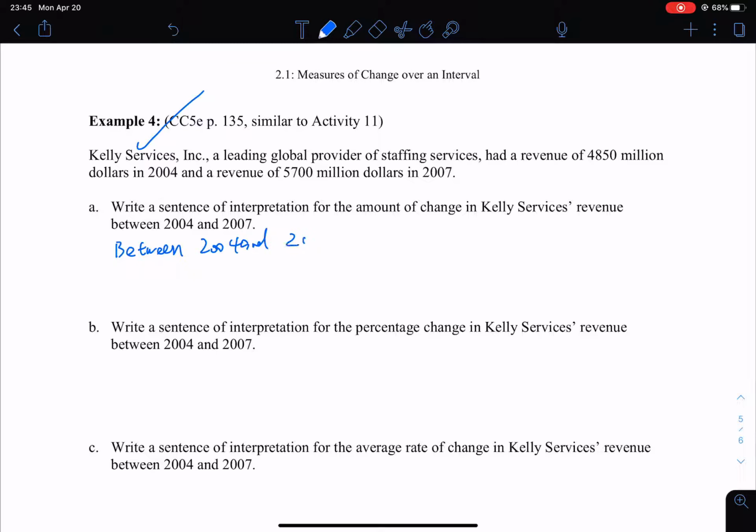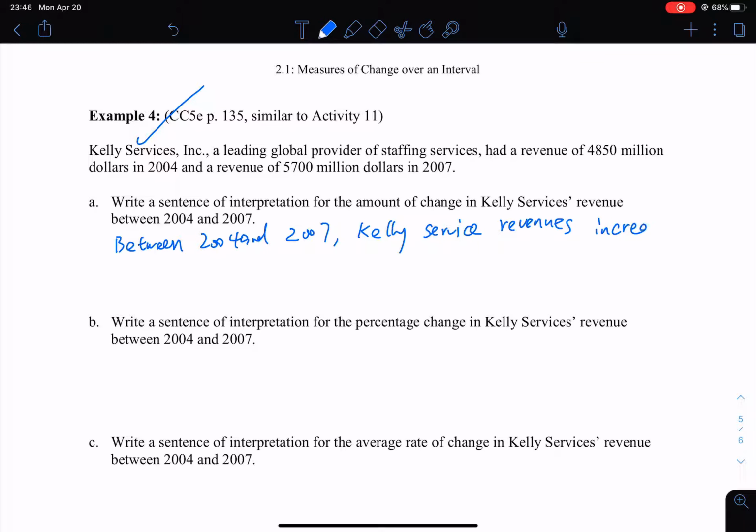Between 2004 and 2007, the output description, revenues, and because it's positive, it increased. It must be increased, then by 850. The unit is $1 million.